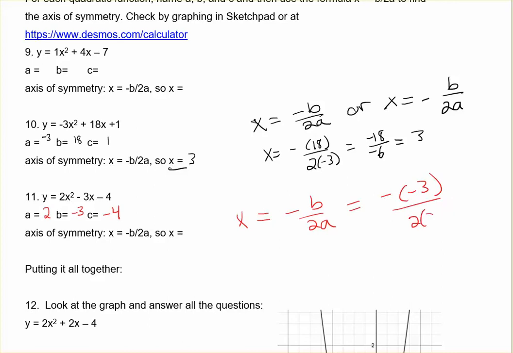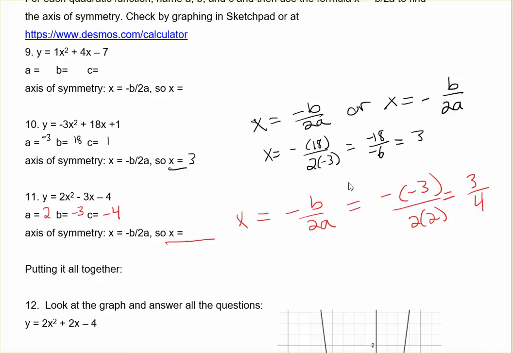And on the bottom, we have a positive, so 2 times 2 is 4. If you have 2 negatives in a row, that'll be a positive. You can change that to a decimal if you want. You can just go 3 divided by 4, or you can leave it as 3/4.